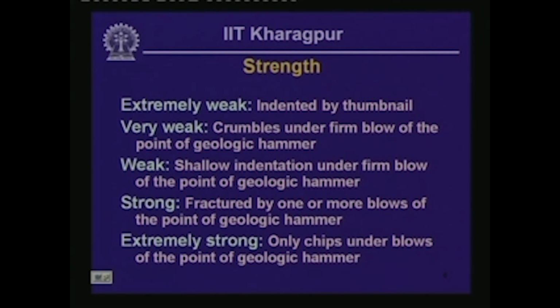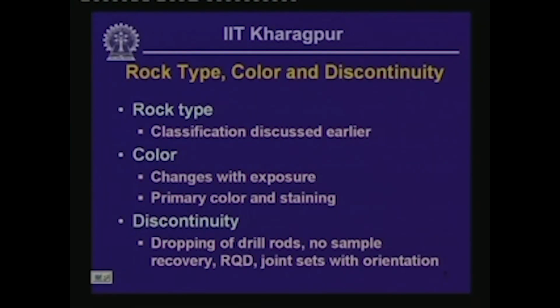So that is how you describe the strength of a hand sample, of a rock specimen that is obtained during the drilling process or the subsurface investigation process. Then we move on to rock type, color and discontinuity.